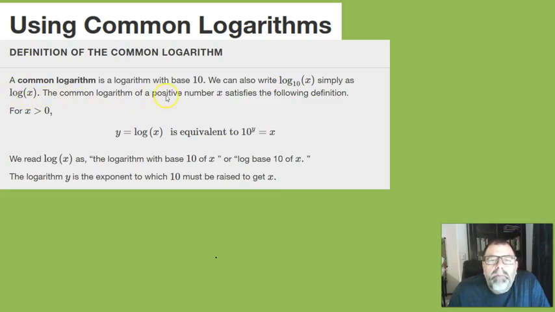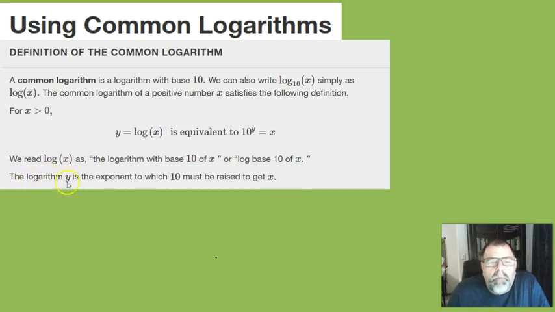The common logarithm of a positive number x satisfies the following definition. For x greater than 0, y equals log of x is equivalent to 10 to the y equals x. We read log x as the logarithm with base 10 of x, or log base 10 of x. Or a lot of people just say log of x, and if we don't say the base, we're assuming that it's 10.